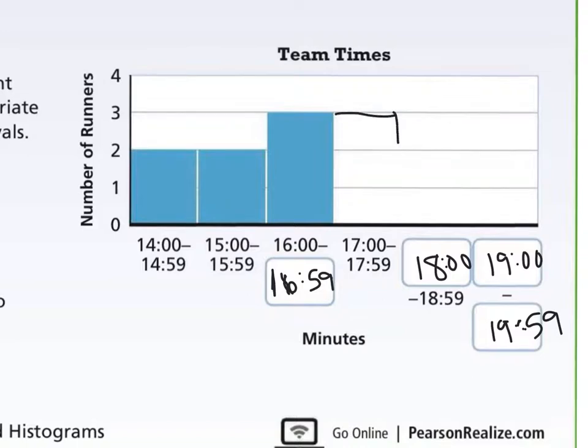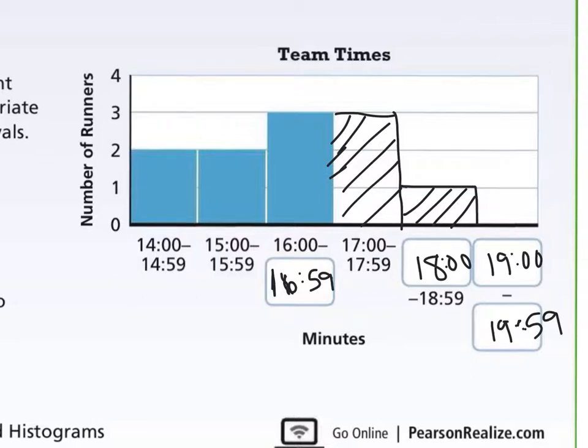So we'll go right next to their bar, and if you want to just draw some diagonal lines in your bar, you don't have to fully shade this if you don't want, so you don't have to sharpen your pencil every time you do a bar. 18 to 18:59, we have only 1. Again, put the bar right next to the other one. And 19 to 19:59, we have only 1 as well.